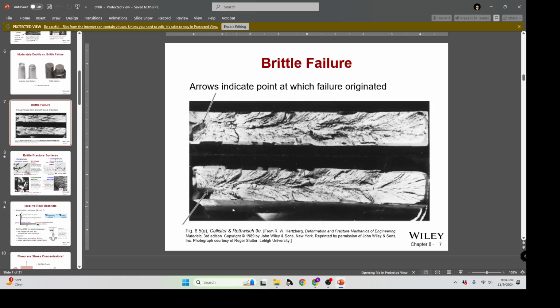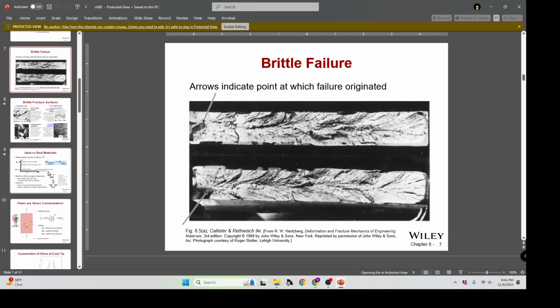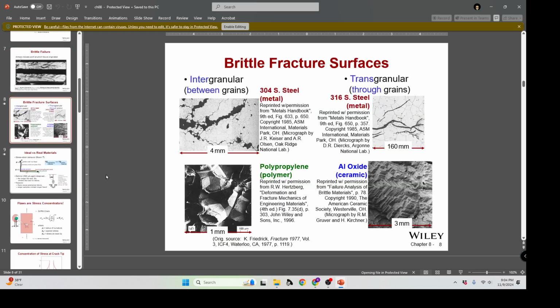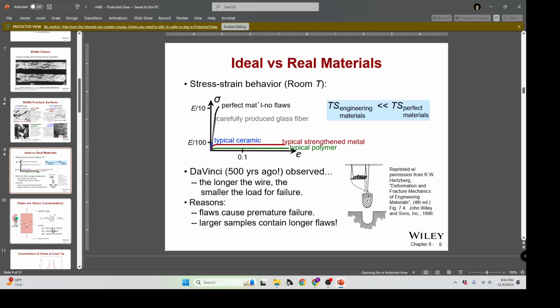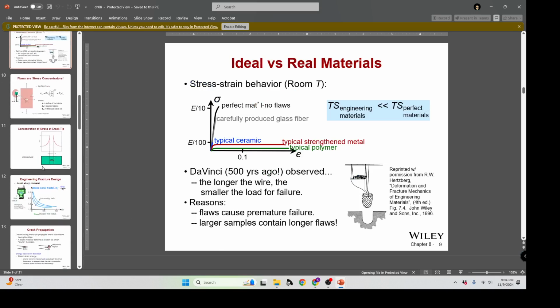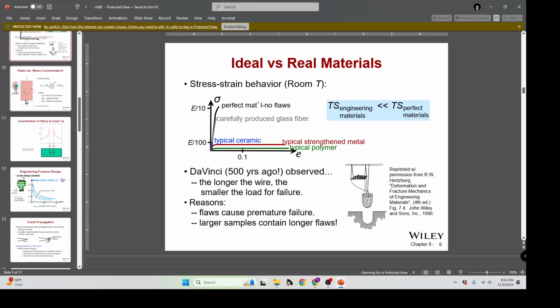The failure origination point, it's important to just understand what's happening with these materials, whether it's intergranular or it's transgranular going through the grains, to understand what's happening. So ideal versus real materials is important.